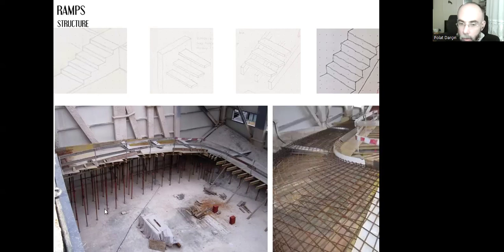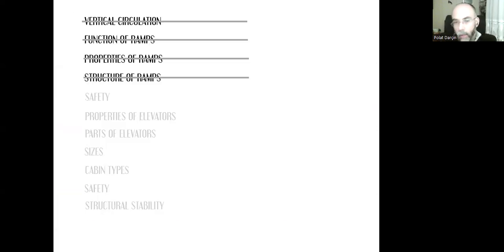Right now, it's supported with the scaffolding, but once it sets, once it's strong enough, as they take out the molds, they are going to take out the scaffolding as well, and it can stand on its own. The only important thing is it needs to be connected to the structural system of the building from the upper part and the lower part so that it can transfer its loads safely.